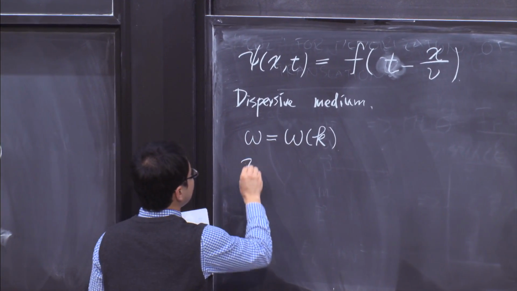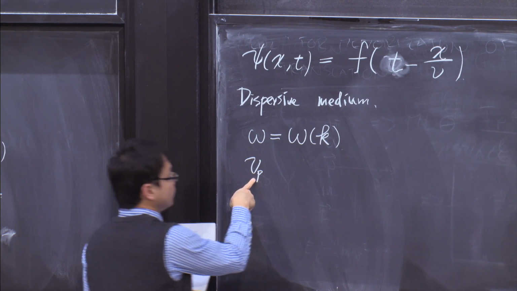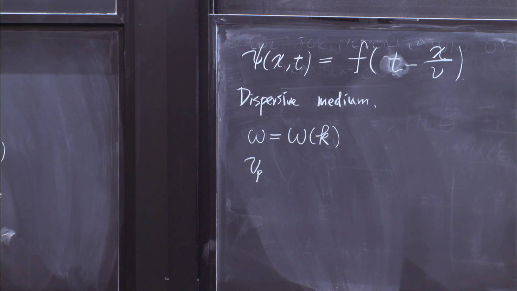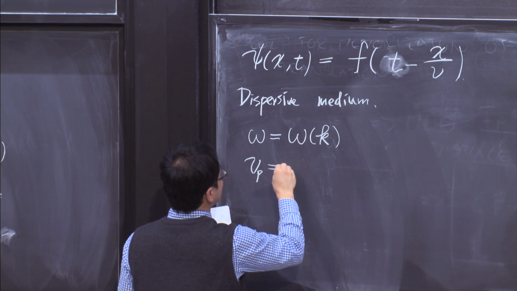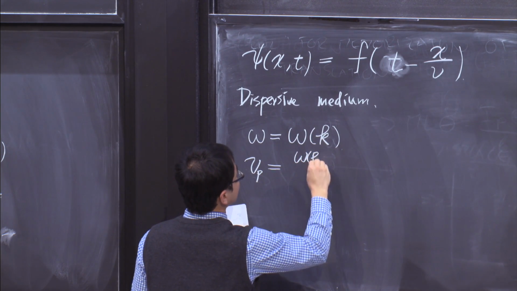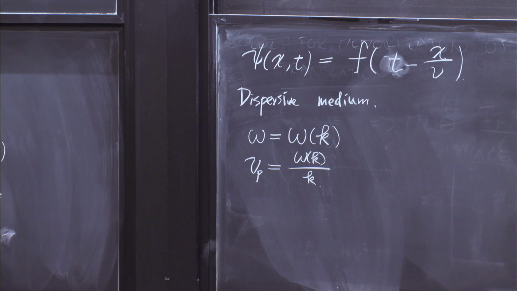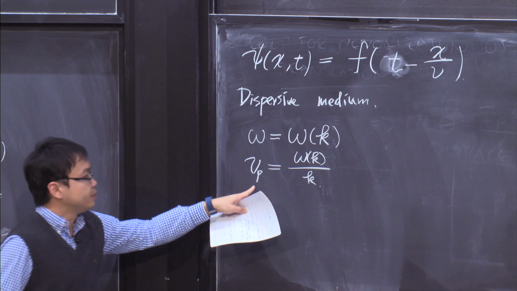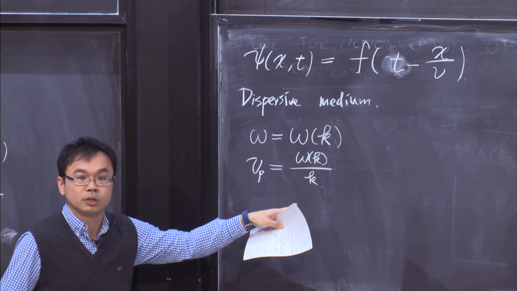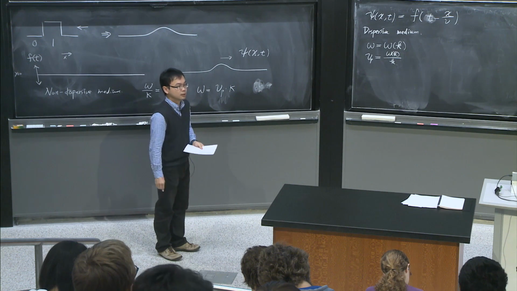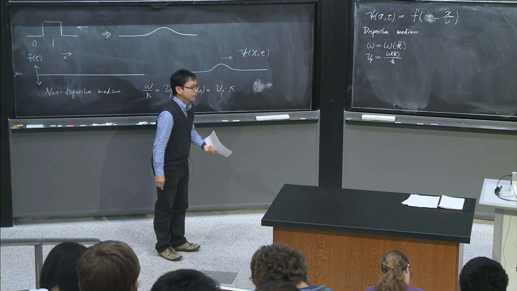That means if I evaluate Vp, which is the phase velocity, it is going to be omega of k divided by k. That means Vp is going to be a function of k, the wave number. It's not going to be a constant in general.